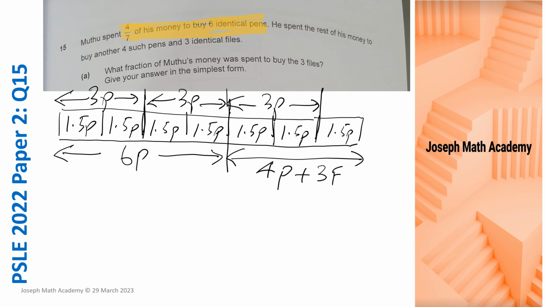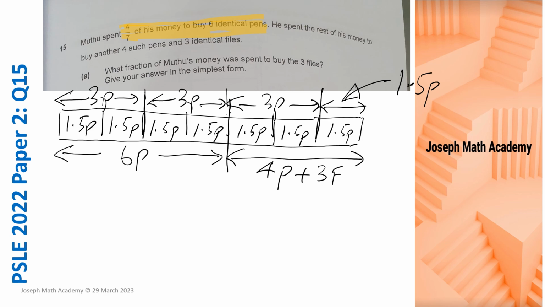So, this portion over here is then this way, right? 1.5 pens, right?